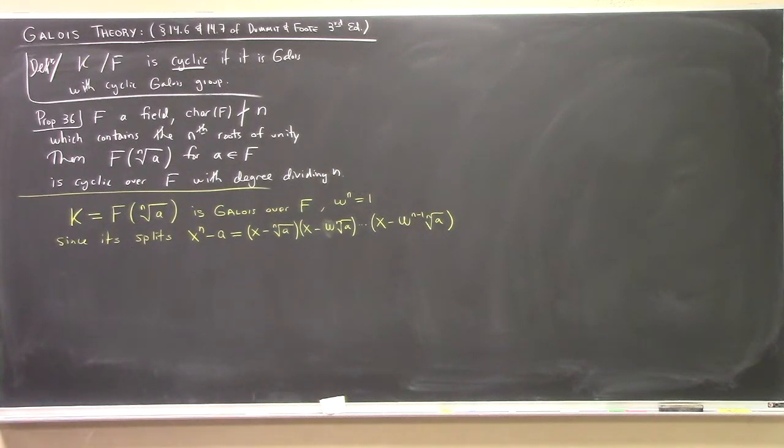I'm using omega for the principal nth root of unity. So it's a splitting field, therefore it's Galois.